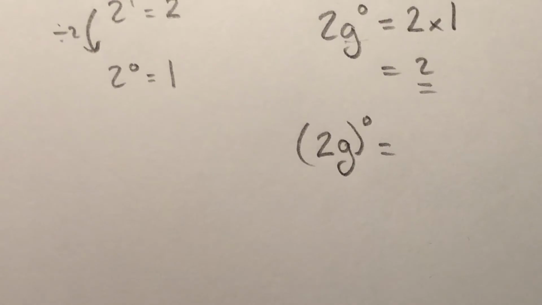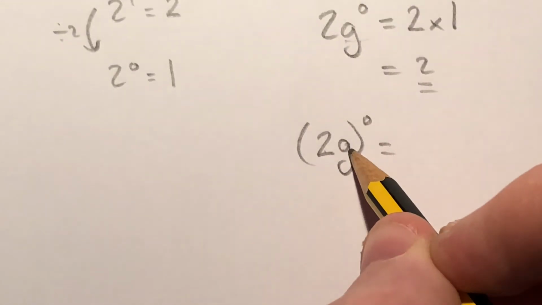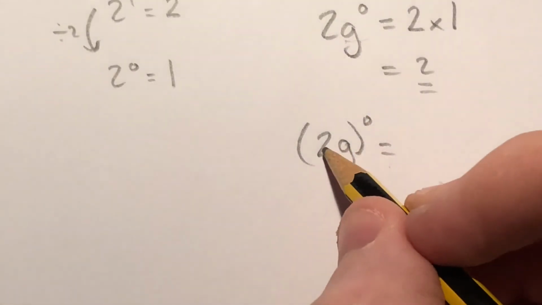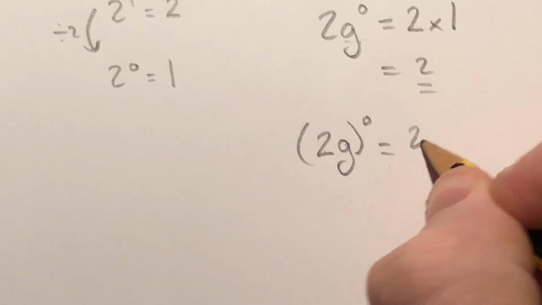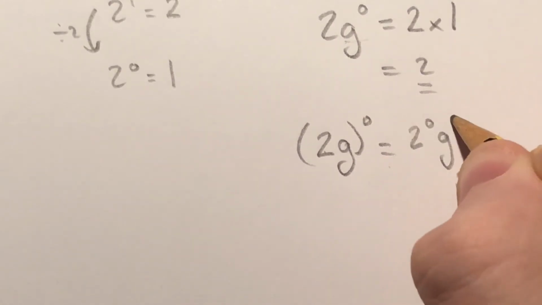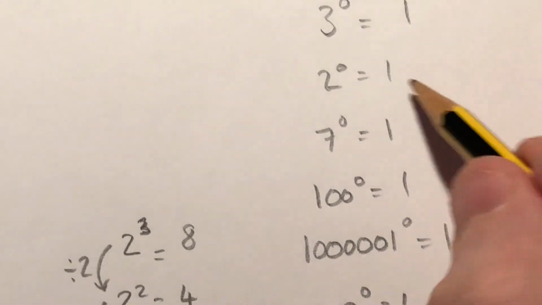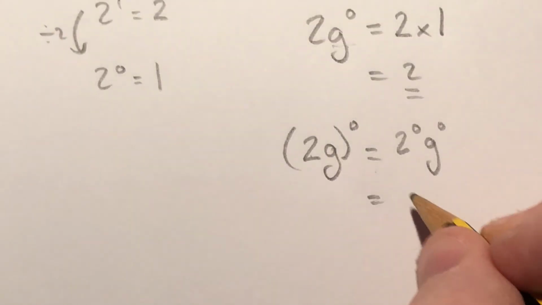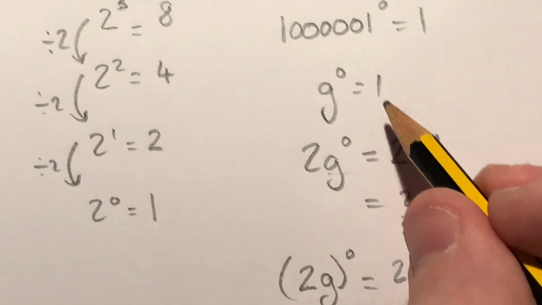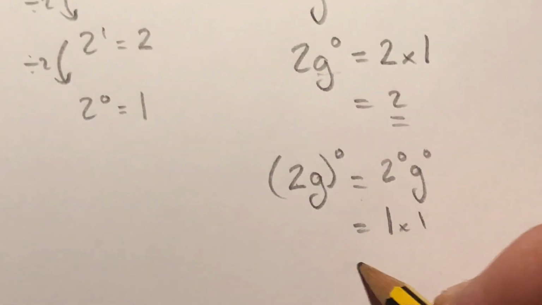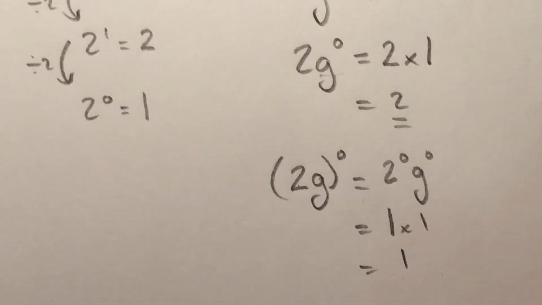So in the example we've got here, because they're both inside the brackets to the power of 0, they both must be raised to the power of 0. This is 2 to the power of 0 then, times g to the power of 0. Well, 2 to the power of 0, we've already said up here, is 1. And g to the power of 0, we said here, was still 1. 1 times 1 gives us 1. There you have it. Try some for yourself.